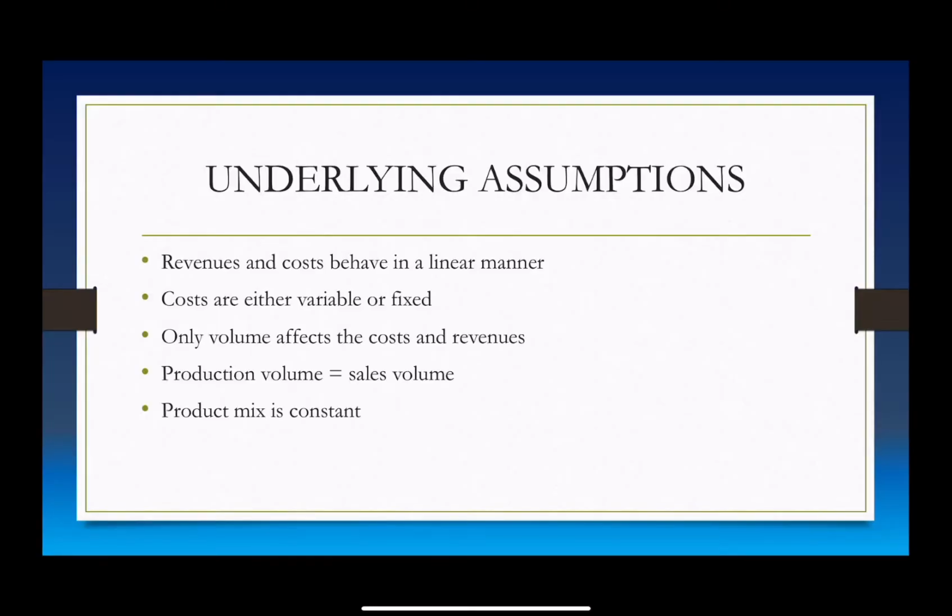I'm going to talk about this in my next video. Lastly, time value is ignored, since cost-volume-profit is a short-run model, the time value factors are insignificant in the short run.